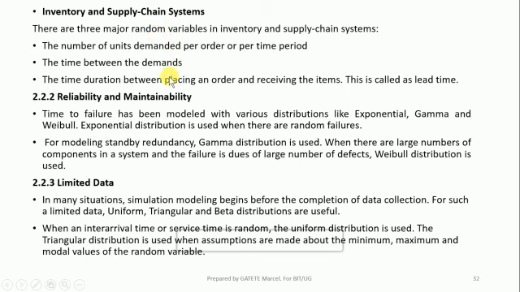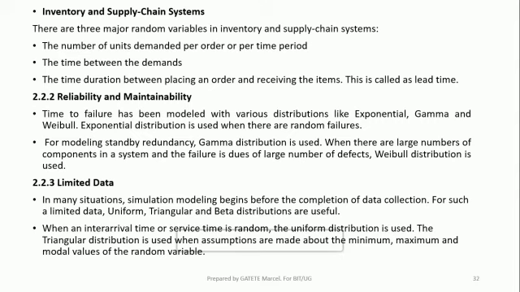Again, you can talk about what is called reliability and maintainability. Time to failure has been modeled with various distributions, like exponential, gamma, and Weibull. Exponential distribution will be used when we have random failures. It means that you can have some devices which are failing.